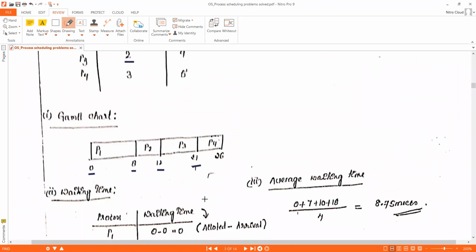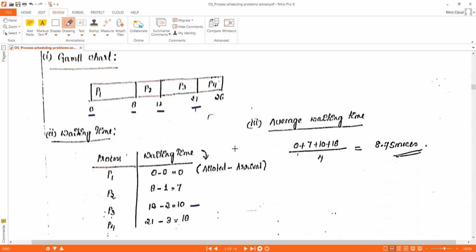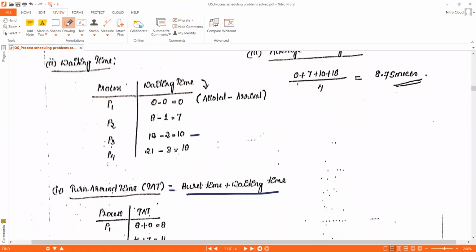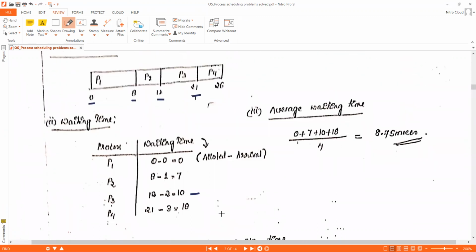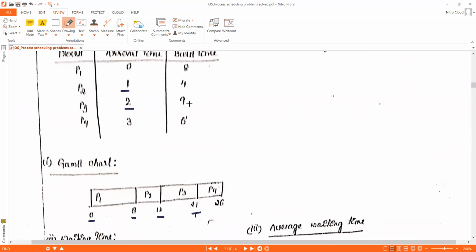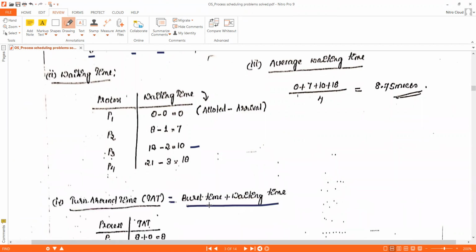And process 2's burst time is 4 milliseconds. Process 2's waiting time is 7 milliseconds. 4 plus 7, it is 11 milliseconds is the turnaround time for process 2. Okay. Next, process 3's burst time is 9 milliseconds plus its waiting time is 10 milliseconds.